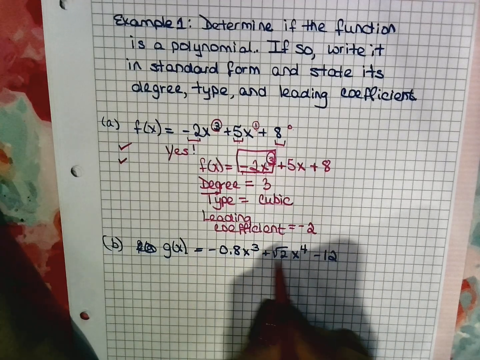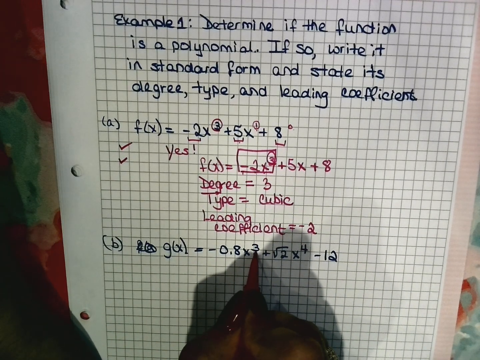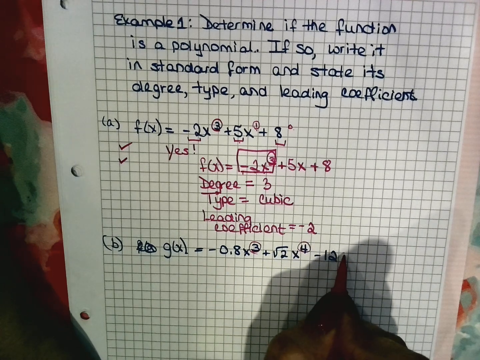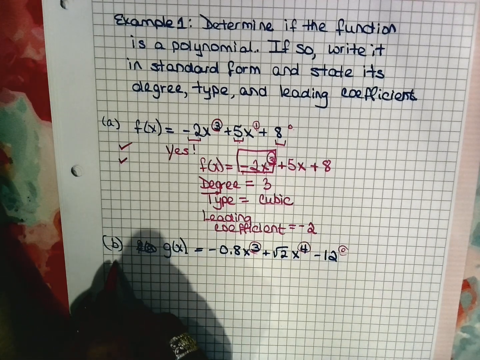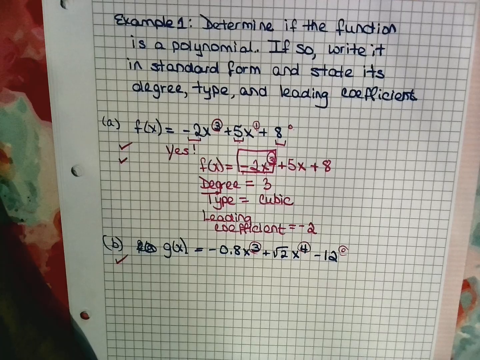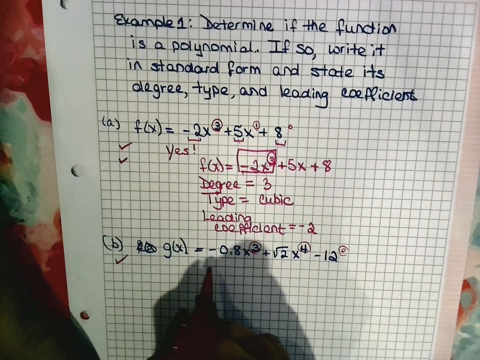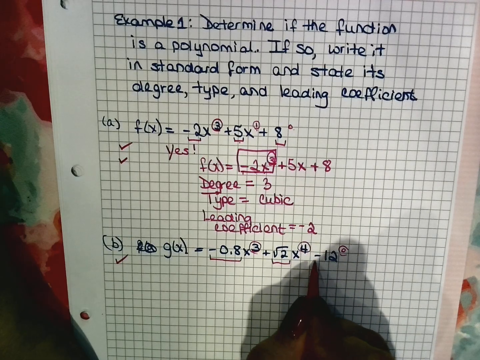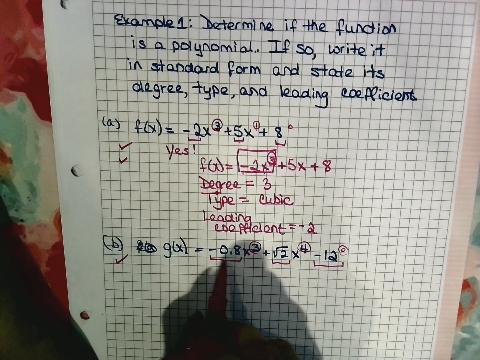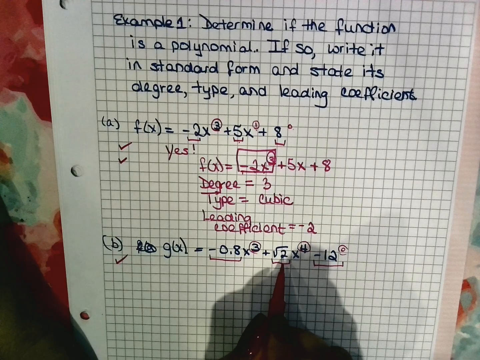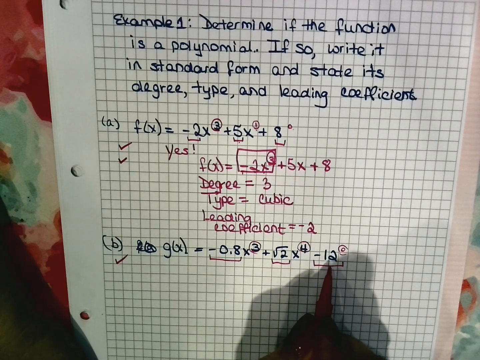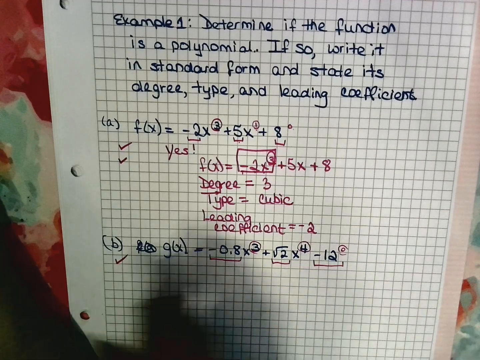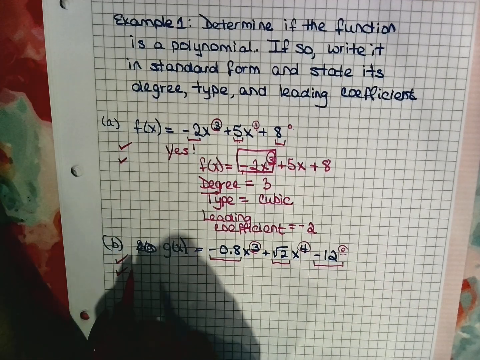So let's check the exponents. The exponents are 3, 4, and this is 0. So as far as the exponents are concerned, we're good. They're all whole numbers. Then let's check the coefficients. We've got this, this, and that. Negative 0.8, that's a real number. Square root of 2, that's a real number. And negative 12, that's also a real number. So we pass both tests.